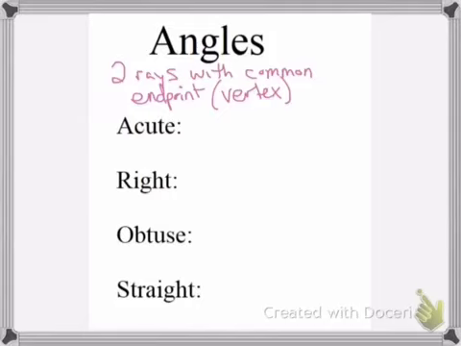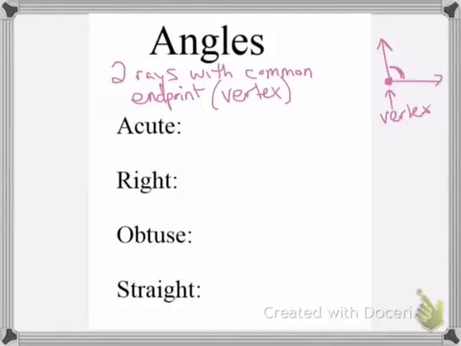So that's actually a type of angle. It's just a special type of angle because they go in opposite directions. And we'll talk about that in just a little bit, but just to connect to our last video, we have a ray and another ray that share that common endpoint called the vertex. And this is the angle that we would refer to.